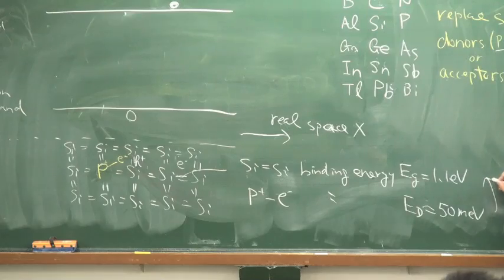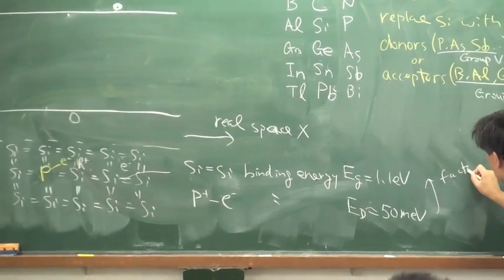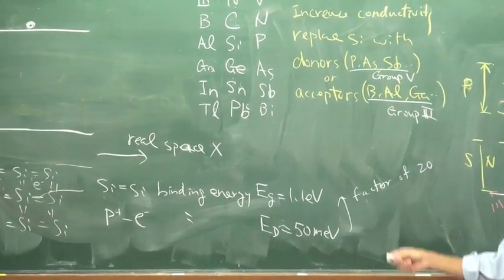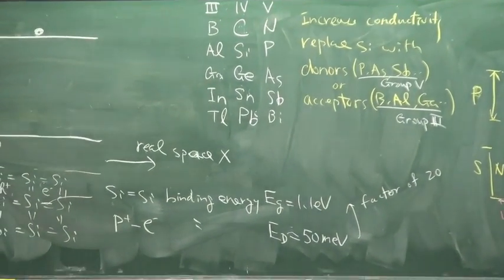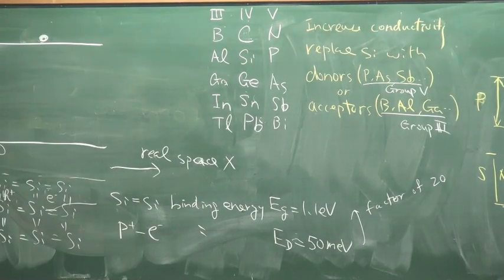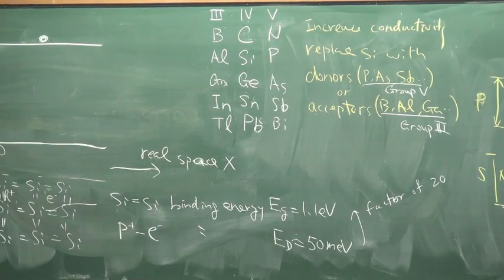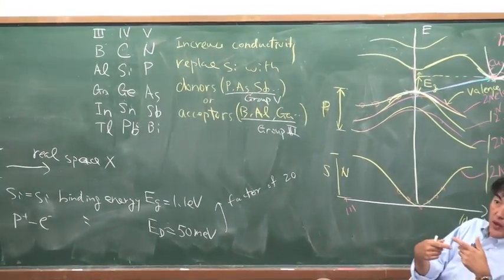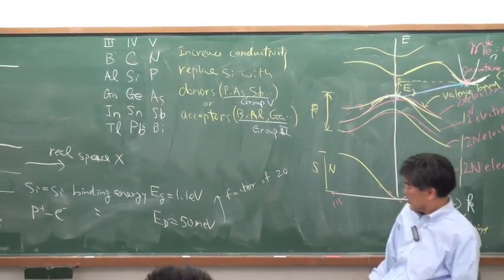So this is a factor of 20, roughly, larger, right? The electron binds to phosphorus via Coulombic energy. Phosphorus is positive, electron is minus, so it's a simple, pure Coulombic energy. And silicon-silicon bonds are basically covalent bonding, so it's much stronger. Okay?